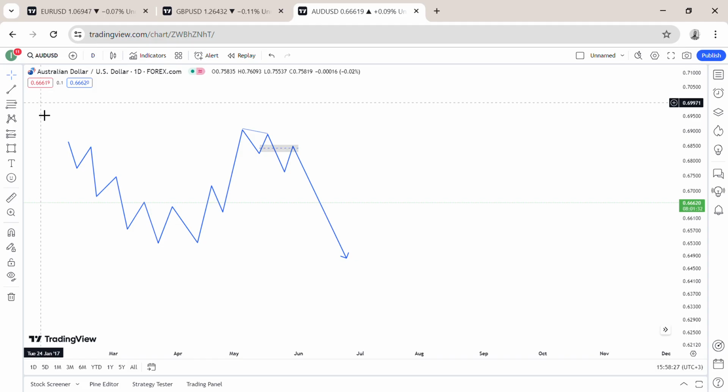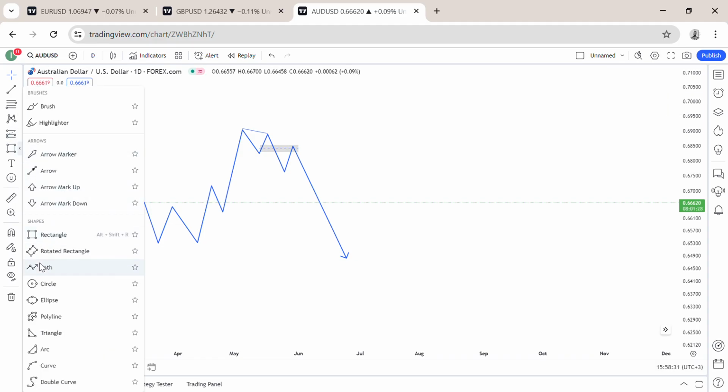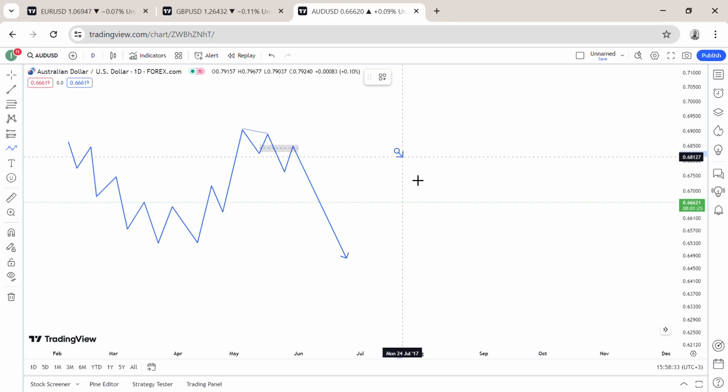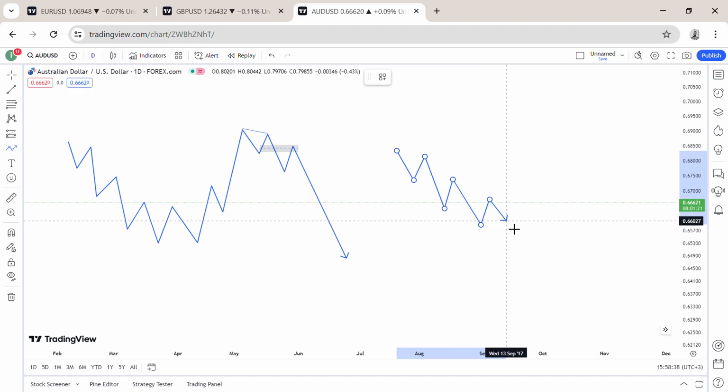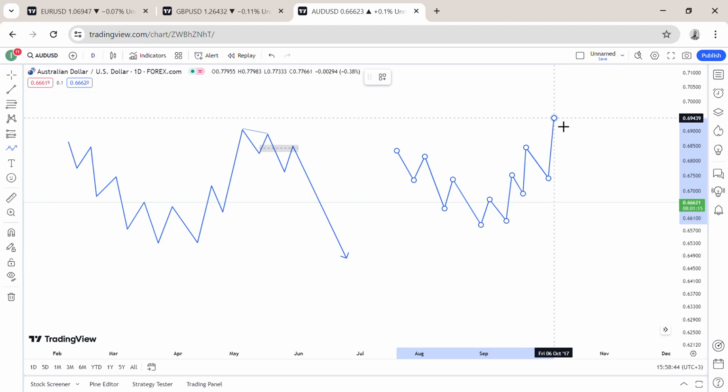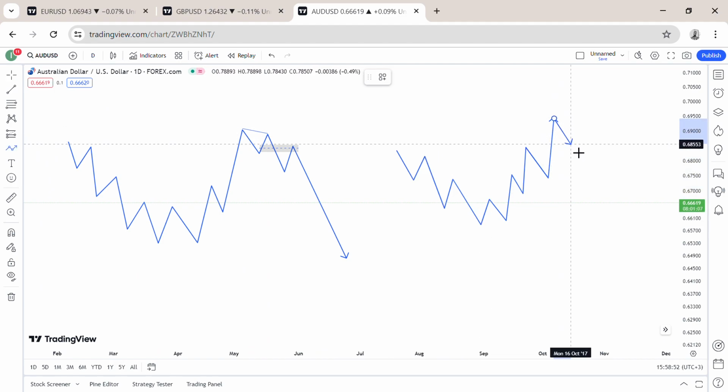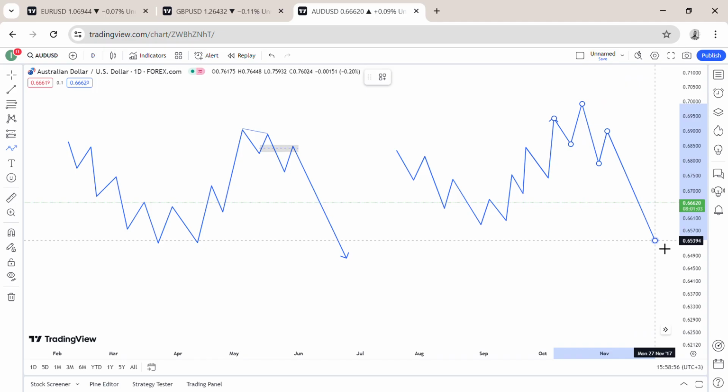So in a scenario where you get something like this, traded into that zone, swept the liquidity, came back down like this, up, down, retrace, boom, down.